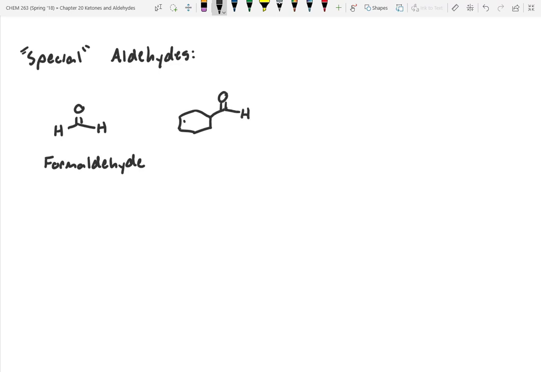All right, the next one is one we've already seen. Simplest aromatic aldehyde. What's this called? Benzaldehyde. All right, then we've got another one. What would you call this using our traditional IUPAC name? Write it underneath.